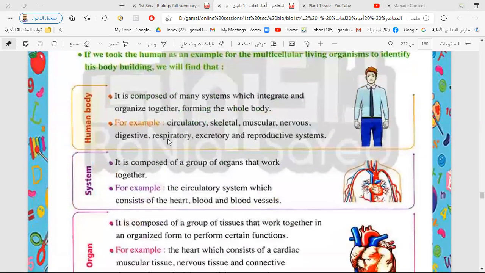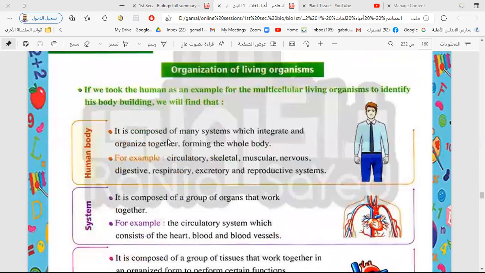These levels, from the biggest level, which is the body, the whole body, like your body, like the plant, the tree. It is a whole body. Your body is made of many systems that work together in high coordination. Like what systems?